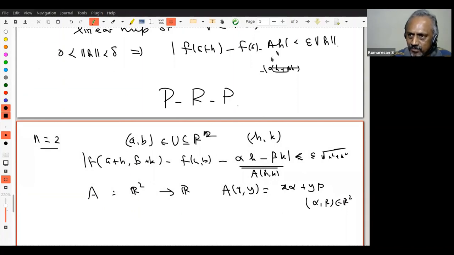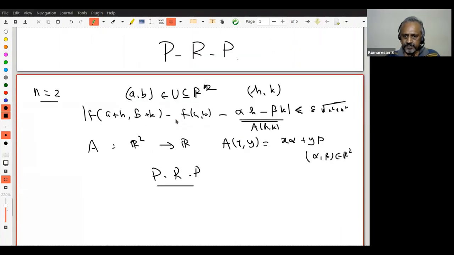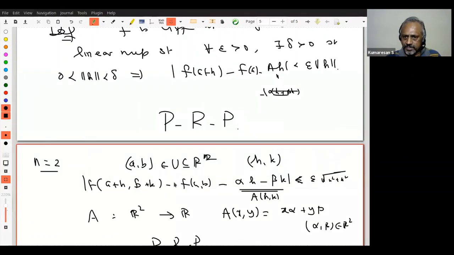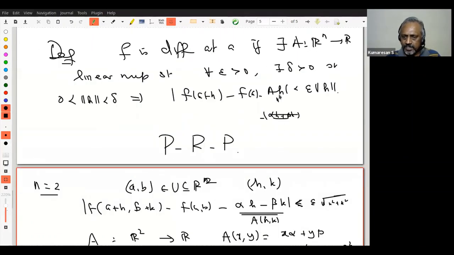The reason for that will be clear. How many of you appreciate this? So it's exactly the same as the two variable case. There is no change, except I am thinking of this as a single thing, a linear map acting on the increment in the independent variable.